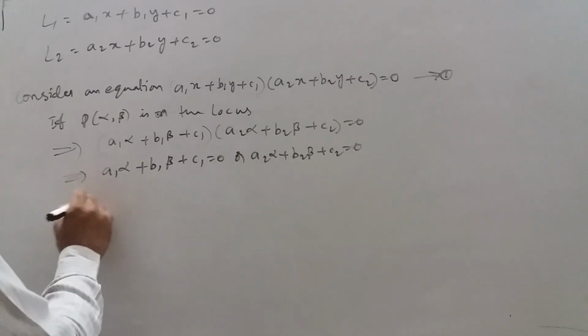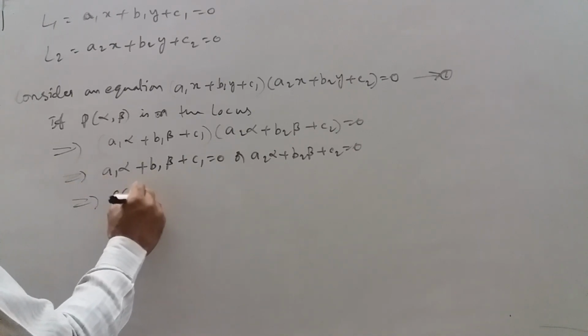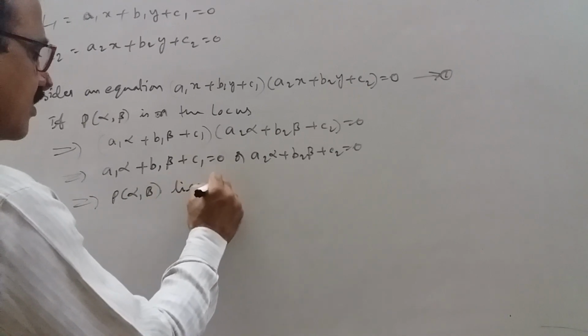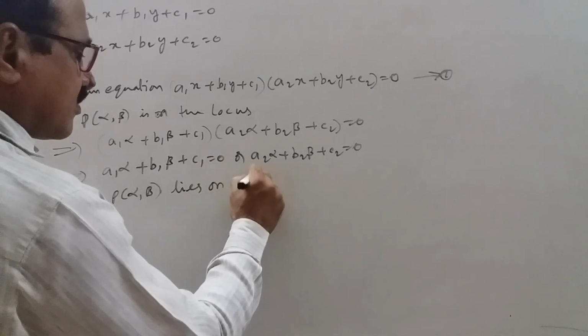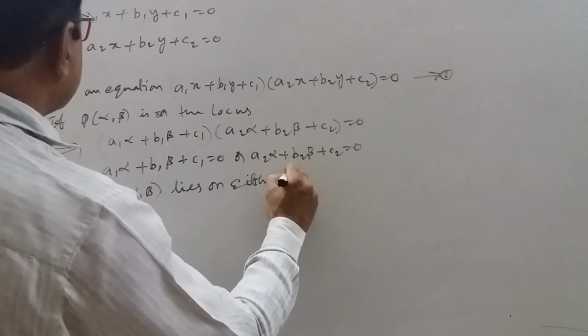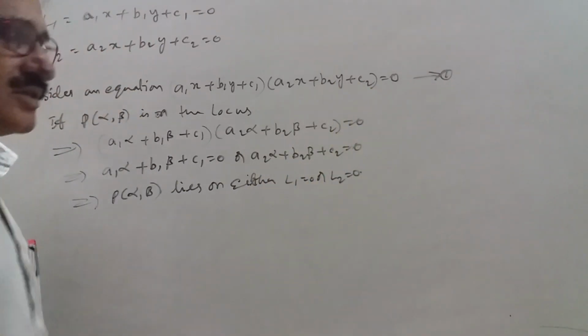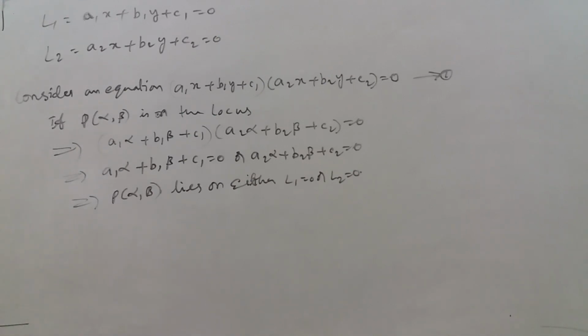That implies P(alpha, beta) lies on either L1 is equal to 0 or L2 is equal to 0.